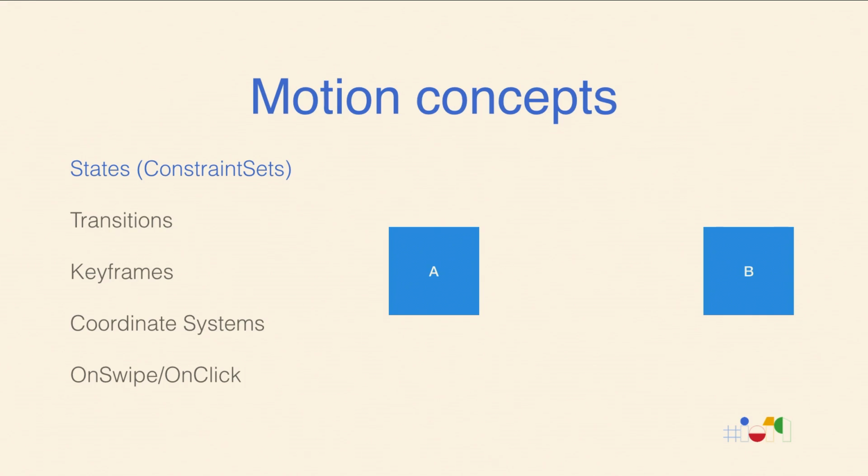So the way it basically works is you have constraint sets, we call them states internally, and you can transition between them. You can also manipulate the transition with a keyframe, and those can be in a lot of different areas, and I'll show more.